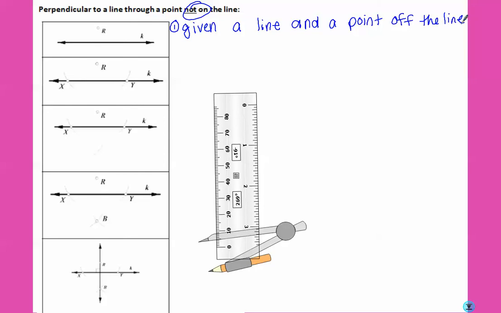Just like in the last construction, we're going to draw 2 arcs to make a segment, sorry.